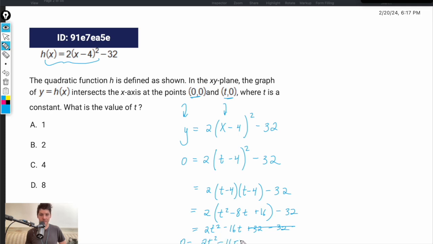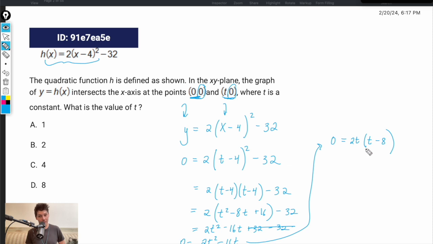I'm running out of space, so I'm going to go up here. I can factor a t out of my equation and a 2: 2t times t minus 8. Okay, so now I can solve for values of t. And of course there are 2, right? That's why there are these 2 values where y equals 0 in both cases.